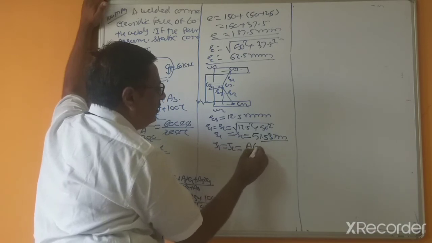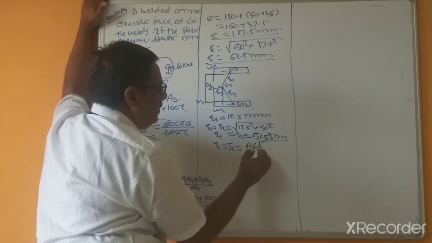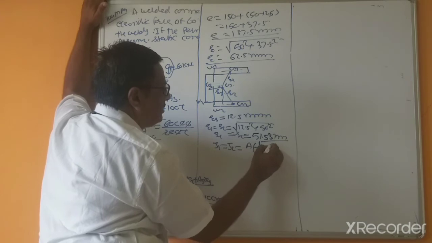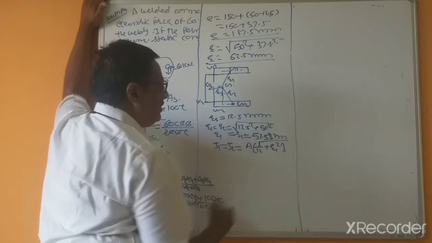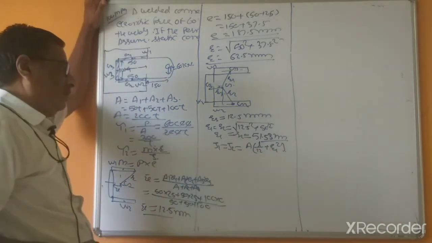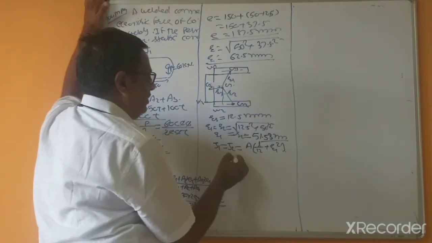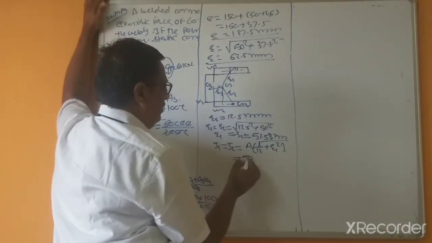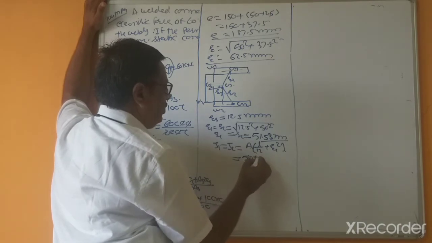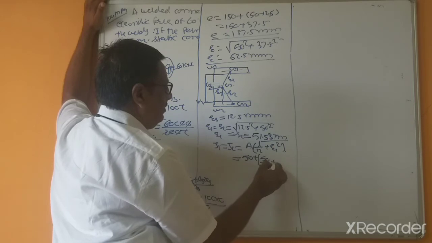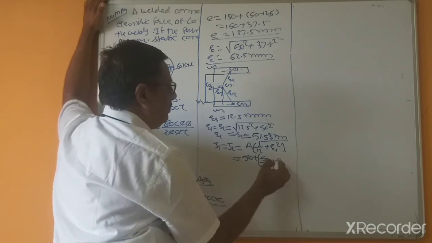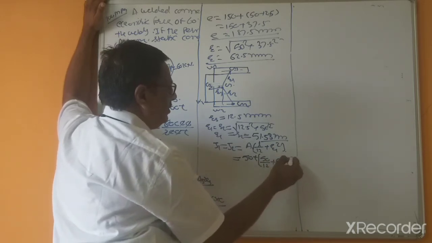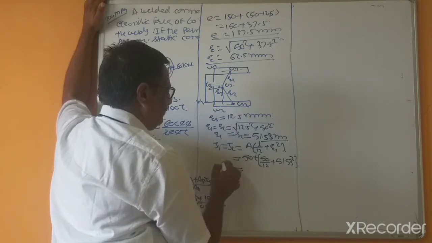A into L squared divided by 12 plus R1 squared, and this area equal to 50 T, so 50 squared divided by 12 plus 51.53 squared.